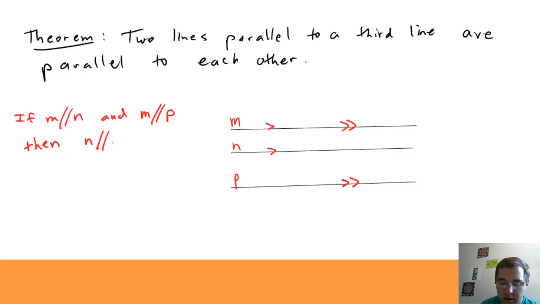N is parallel to P, which we can mark with a set of triple arrows.